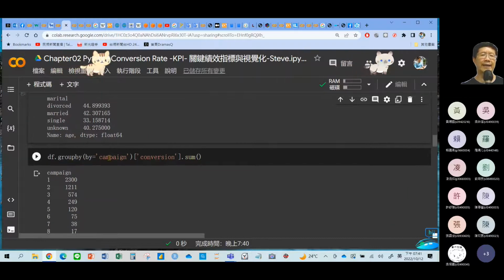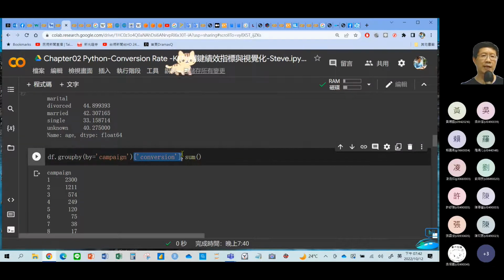Okay, so we group by campaign. Also, we want to show the conversion, right? Conversion is what we have changed to 0 and 1 to calculate the sum for each campaign. For those who only joined one campaign 就是活动了哈，参加一次活动的人。So what is the conversion? Okay. 大概有2300个人，它是加总起来是1的 ，because only the ones with status 1 can be summed up.